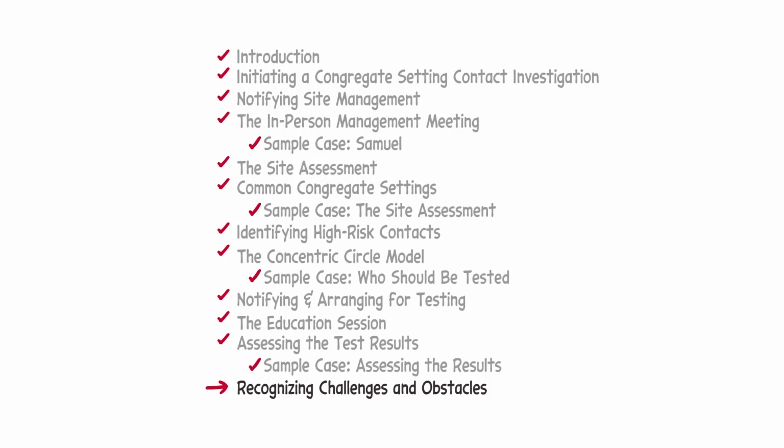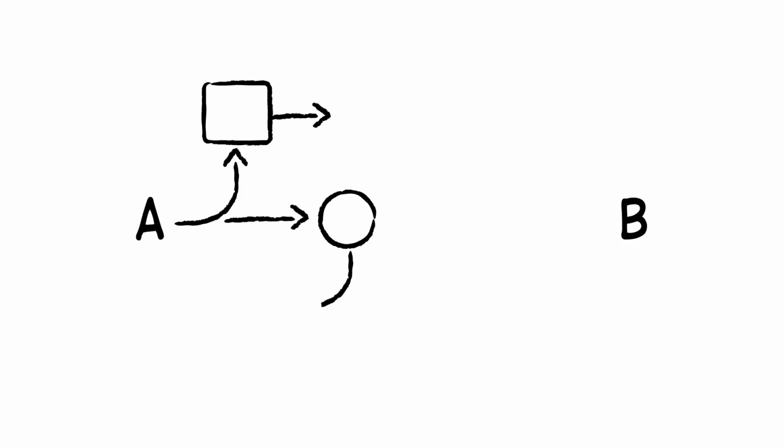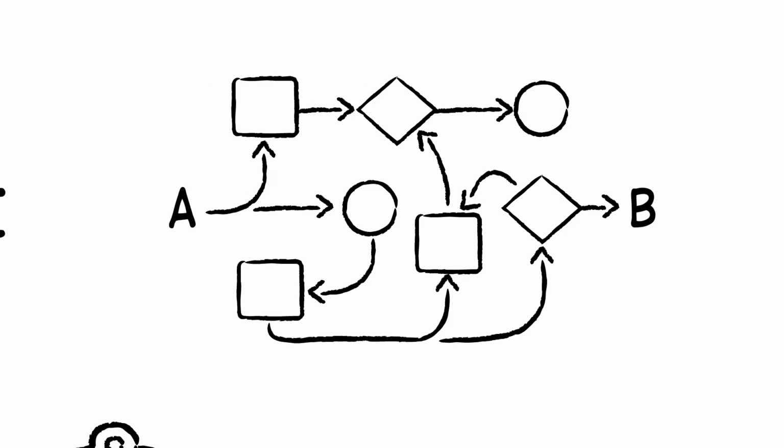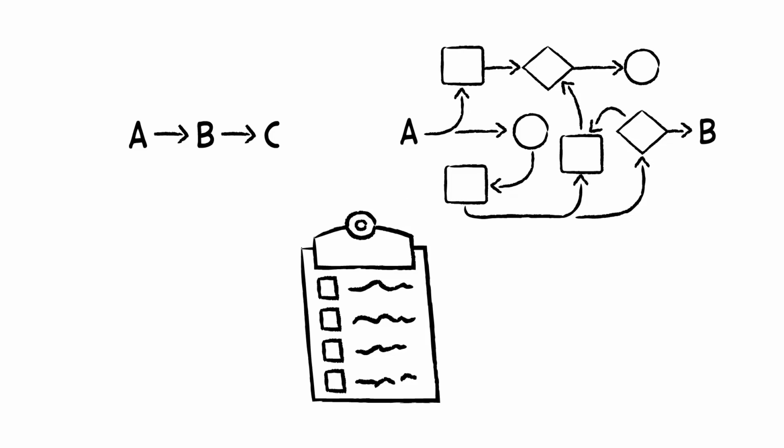A congregate setting contact investigation is not without its challenges. While some contact investigations are considered routine, uncomplicated, and uneventful, others are complex, requiring careful thought. Regardless of the size of the investigation, however, it should always proceed with comprehensive planning.